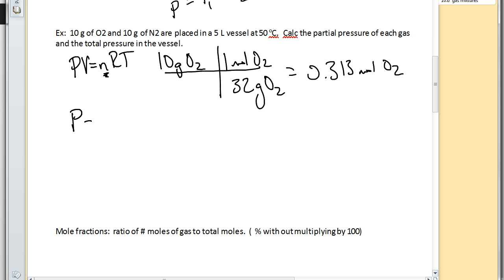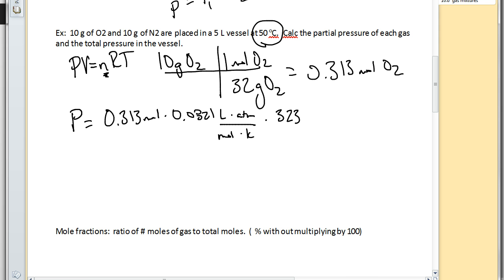Pressure is equal to the number of moles, 0.313 moles, multiplied by the ideal gas law constant, 0.0821 liters atmosphere per mole Kelvin, multiplied by the temperature. The temperature was 50 degrees Celsius. Convert that to Kelvin. We always convert to Kelvin. 323 Kelvin.